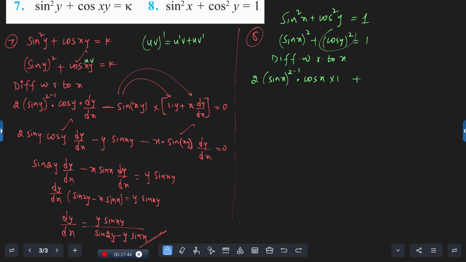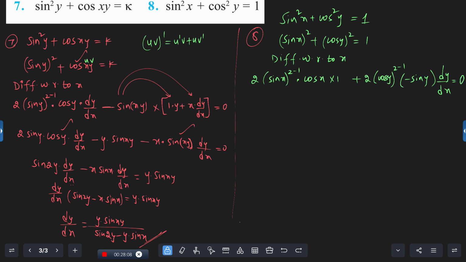Same manner here. Power 2 when you differentiate, 2 will come down. Cos y whole power 2 minus 1. Now what about the derivative of cos y? Minus sin y. And what about the derivative of y? dy by dx.